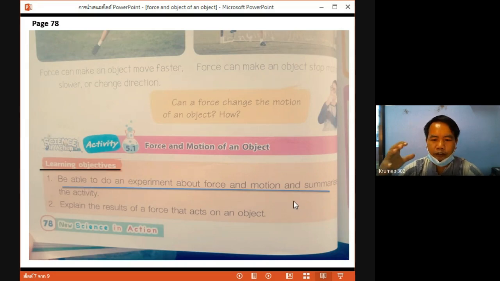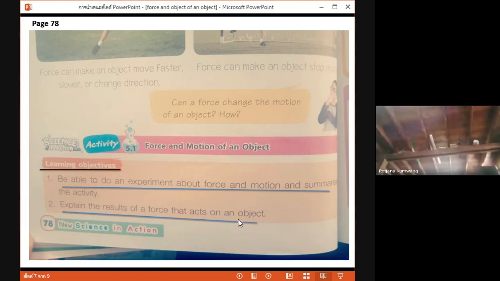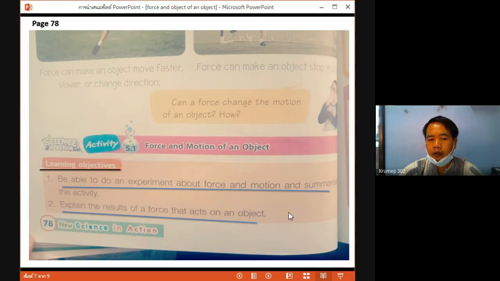So in this activity, I want you to observe so that you can do an experiment about force in motion and summarize the activity properly. And number two, I want you also to explain the result of a force that acts on an object.